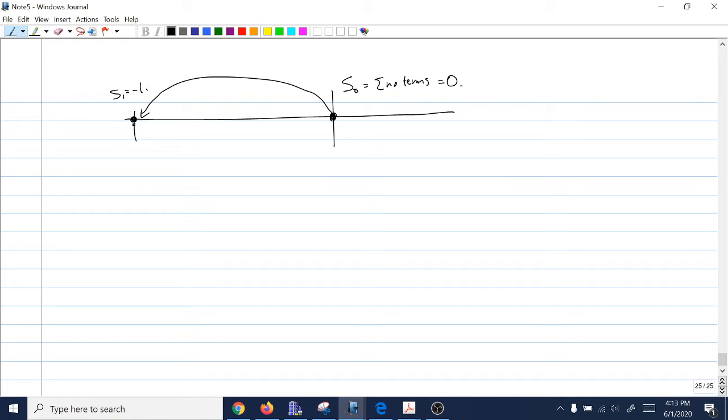S2 is negative 1 plus a half, so from here I need to move to the right by 1/2. So this is negative 1/2 at S2. Now I need to move backwards by 1/3 to get to S3. Oh wait, I've got them wrong. This one was S1, that one was S2, and this one was S3.